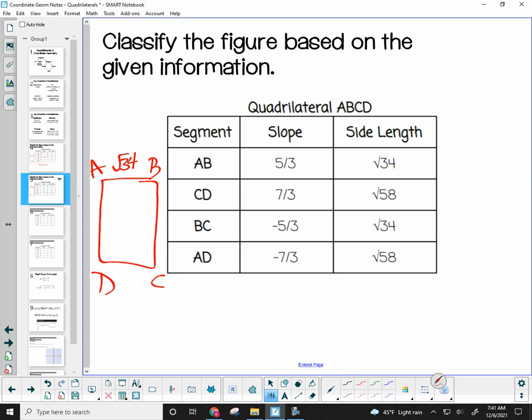CD is the square root of 58. BC is the square root of 34, and AD is the square root of 58. So based on those numbers, do we have a kite? Do we have consecutive congruent sides? We do, right? So this is a kite.